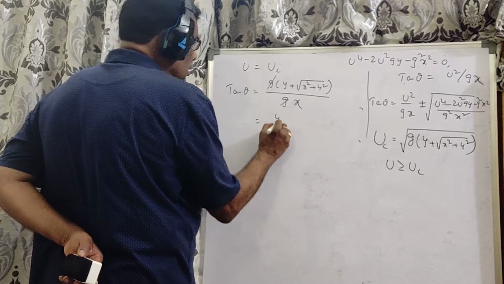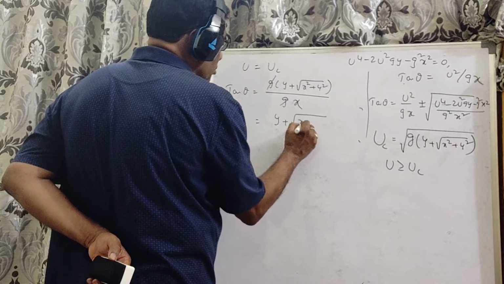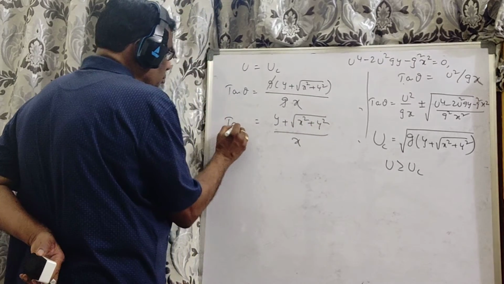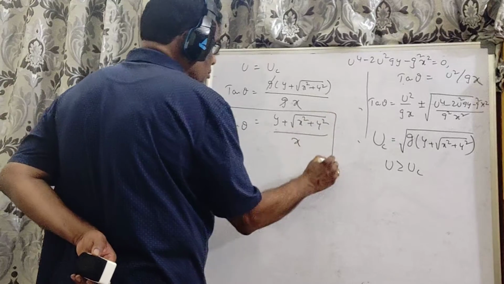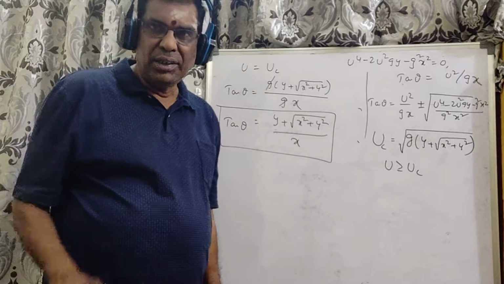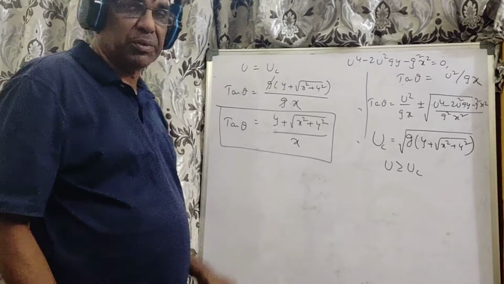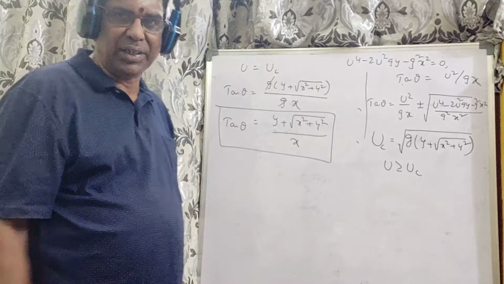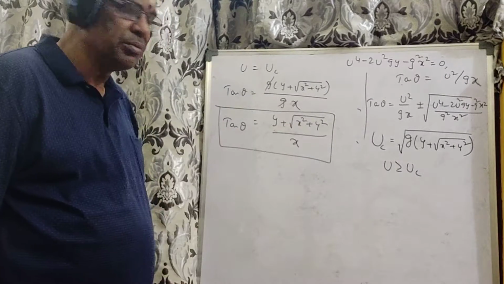G gets cancelled. This is the theta. If you project with minimum speed, there is only one angle at which you can hit the target, and that is this.